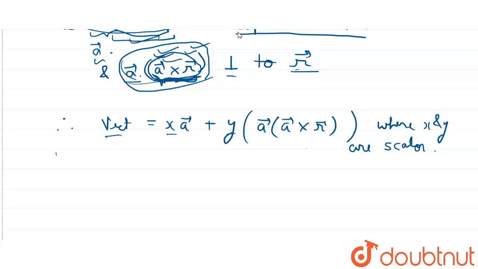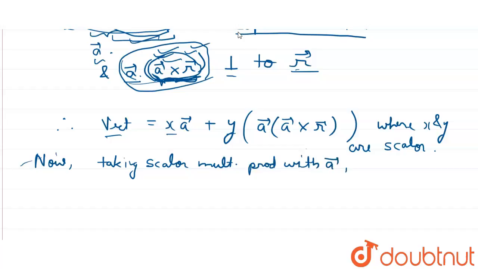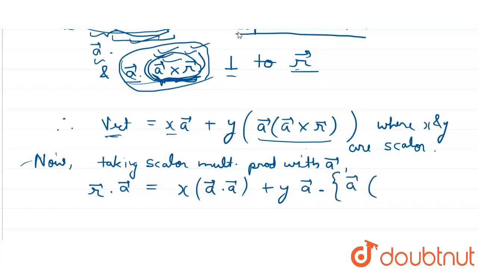Now taking the scalar product with a vector: r vector dot a vector equals x into a vector dot a vector plus y into a vector dot a vector cross r vector.